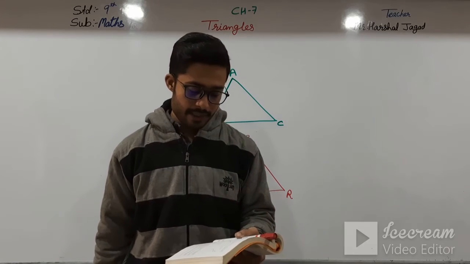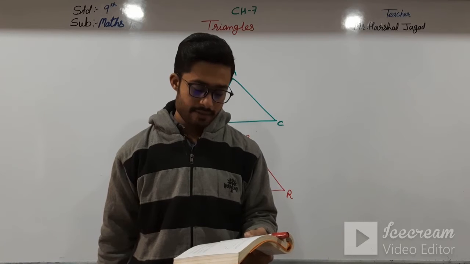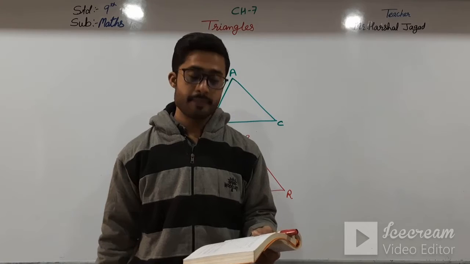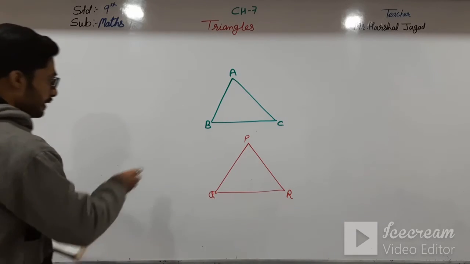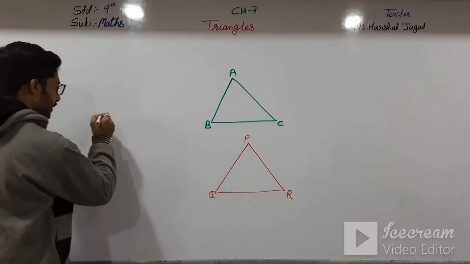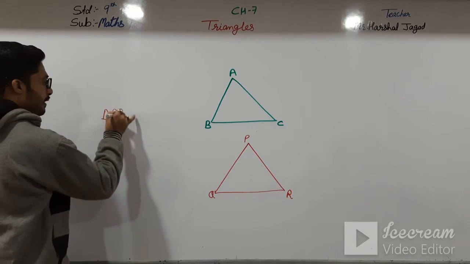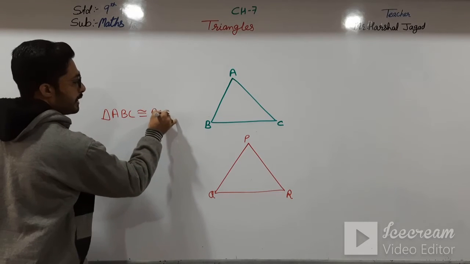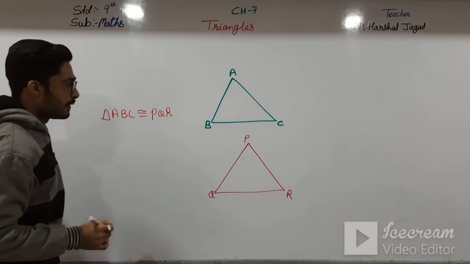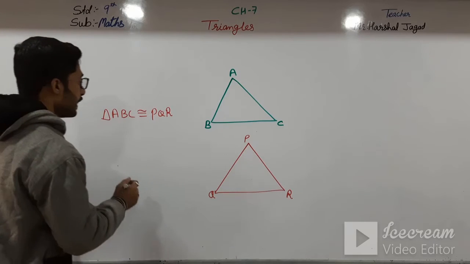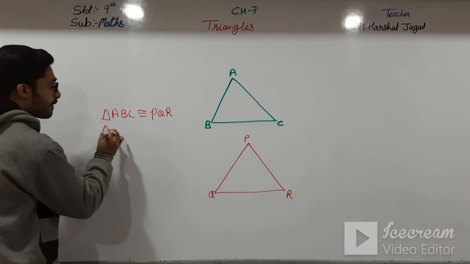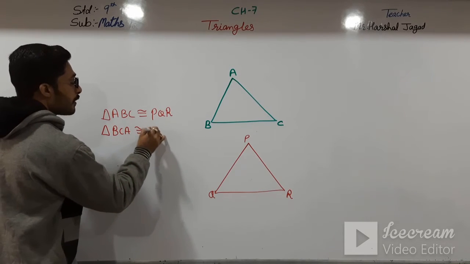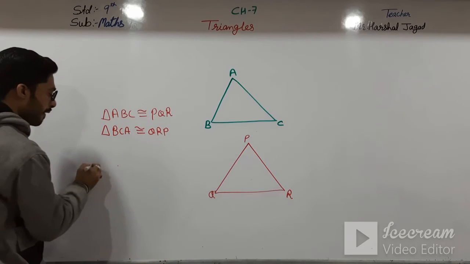If triangle PQR is congruent to triangle ABC, we write triangle ABC is congruent to PQR. And if you write triangle BCA, then it is congruent to QRP.